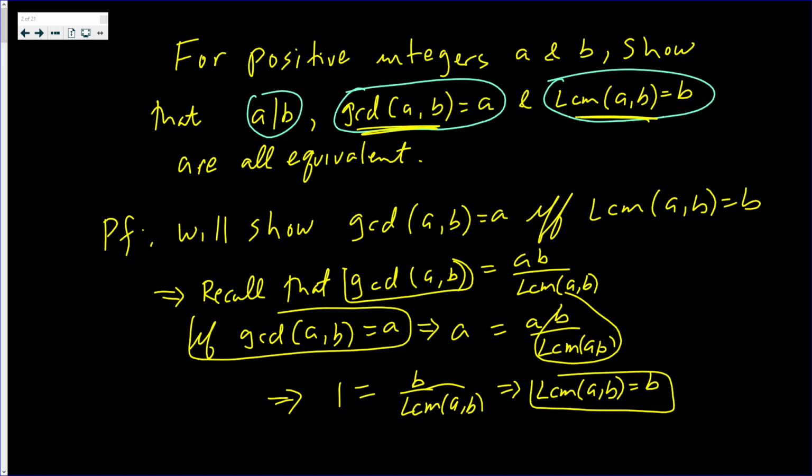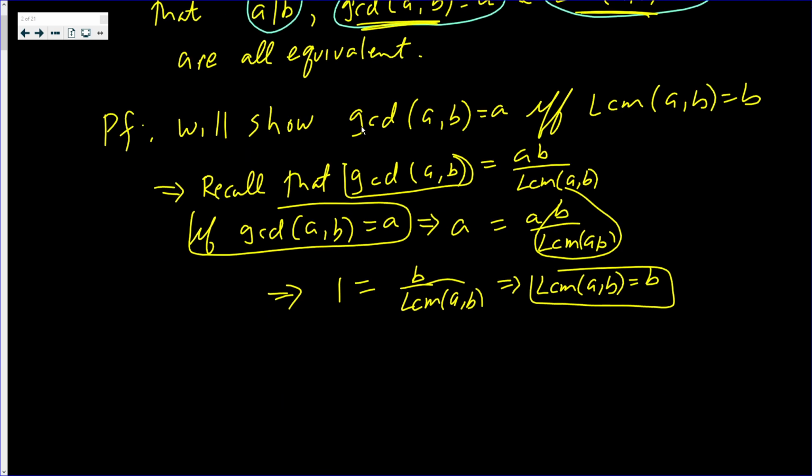Now, working backwards is going to be exactly the same. Suppose the LCM of a and b is equal to b.